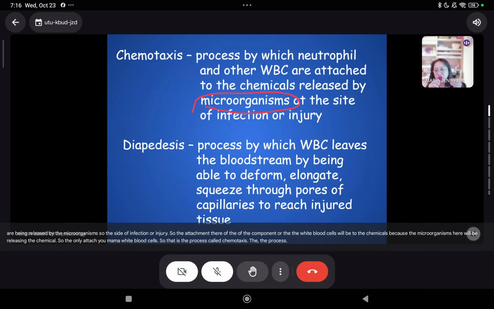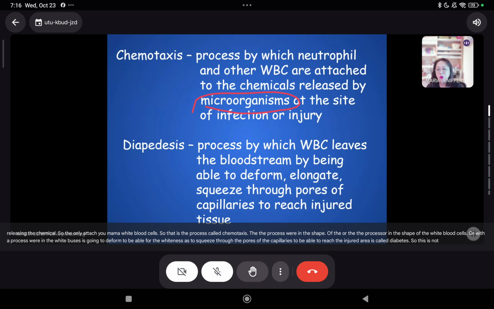The process wherein the white blood cells deform, to be able to squeeze through the pores of the capillaries and reach the injured area, is called diapedesis.